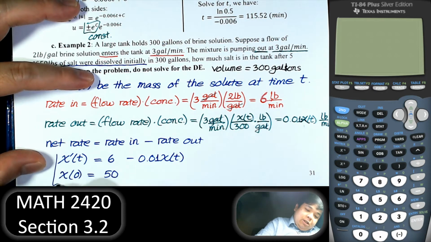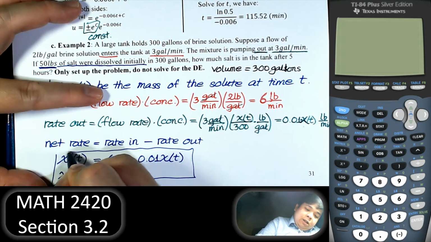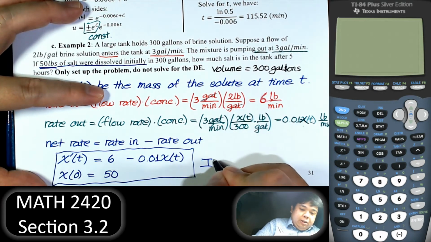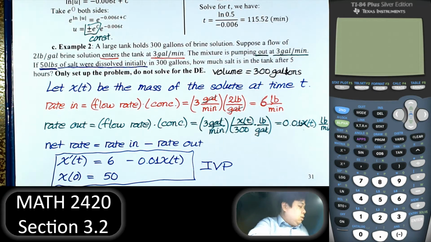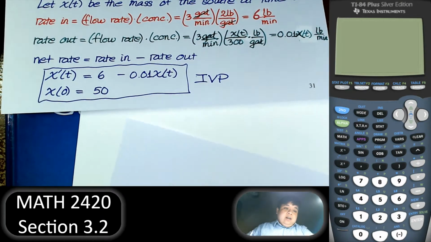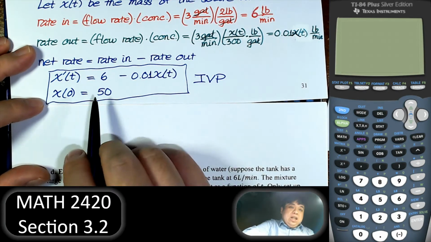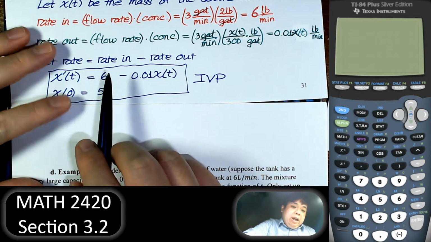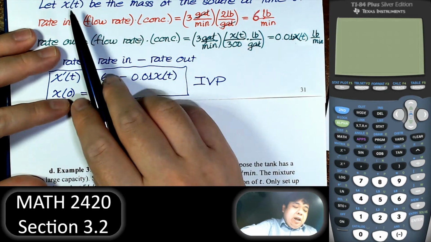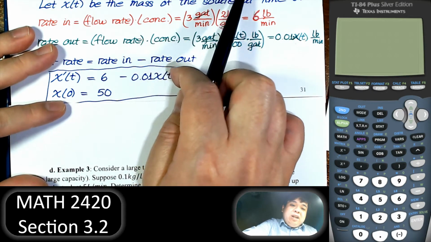So this is the initial value problem. Right, so we have the equation, the initial condition, that initial value problem. And the question here is how much salt is in the tank after 5 hours.